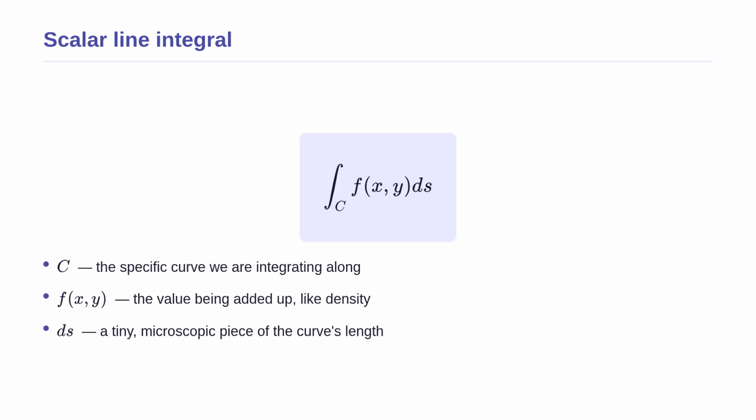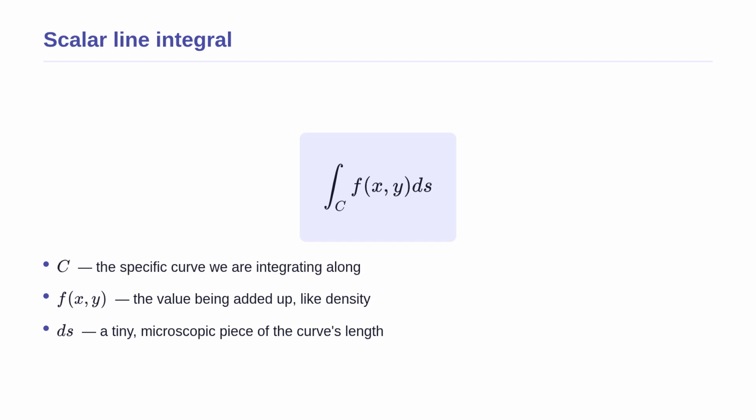Now that we understand the idea of walking along a curved path, let us look at the mathematical formula for a scalar line integral. Conceptually, this formula comes from multiplying a value at a specific spot by a tiny piece of length and adding all those tiny pieces together. The integral sign with the c at the bottom means we are adding things up along our specific curve.